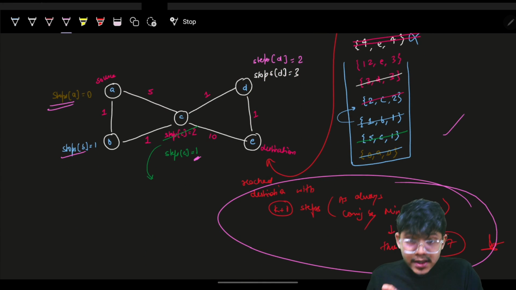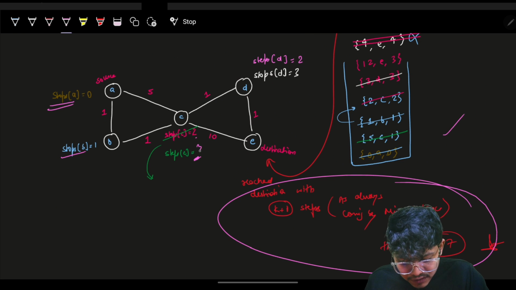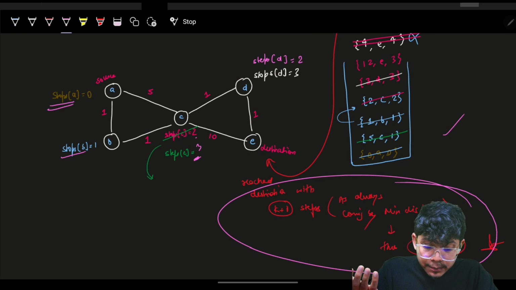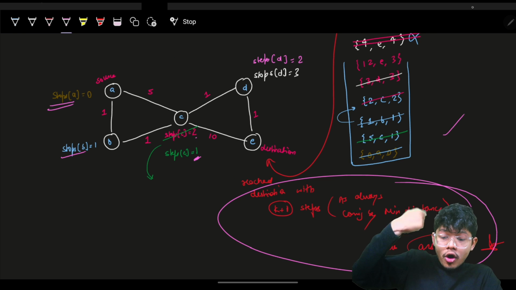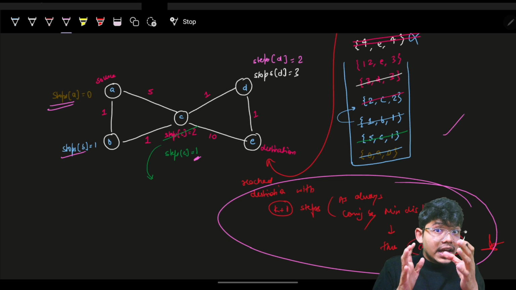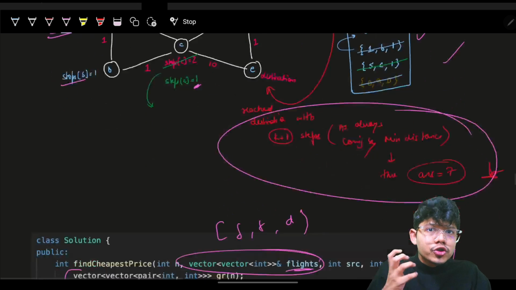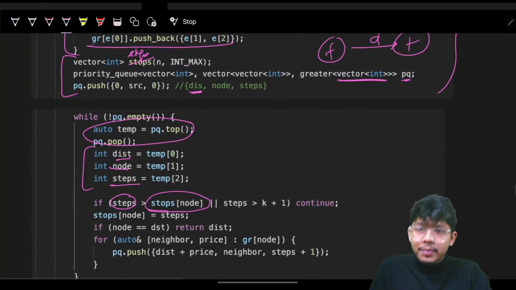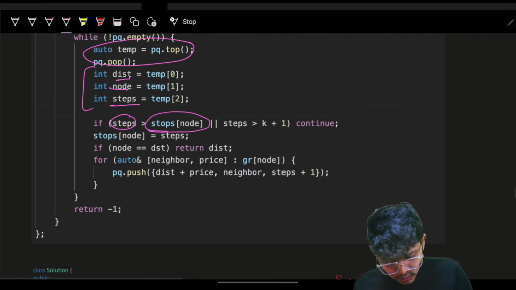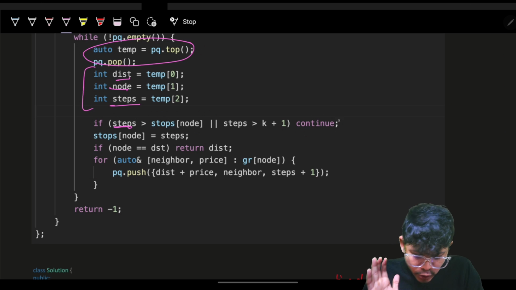When the incoming step was 1 and the existing was 2, then only I overrode it. But if a step of 3 had come in, I would never override it, because something coming later in the future comes with a higher distance, since everything which comes in earlier will have a lesser distance, because it's a priority queue. That is a basic understanding of a priority queue or Dijkstra's. So if something is coming in the future with more steps, simply ignore it.